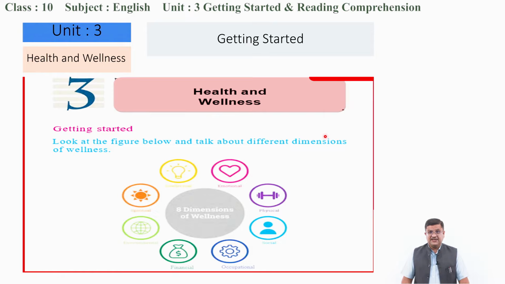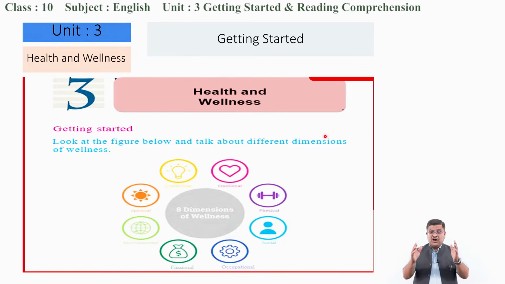In this picture, you may see physical health, similarly social health, occupational health or wellness, financial wellness, environmental wellness, spiritual wellness, and intellectual as well as emotional wellness. Maybe you might have guessed the same thing. So these are 8 dimensions of wellness.